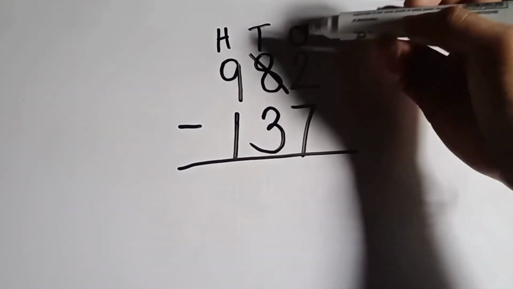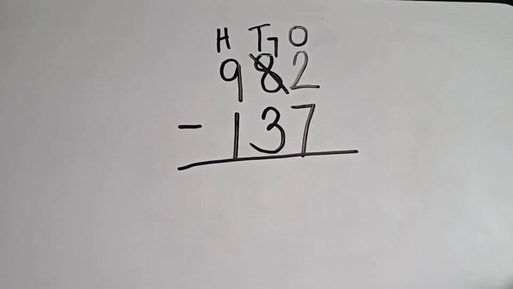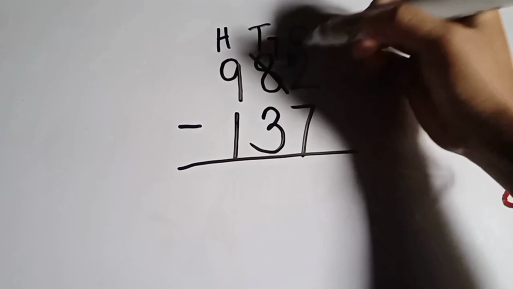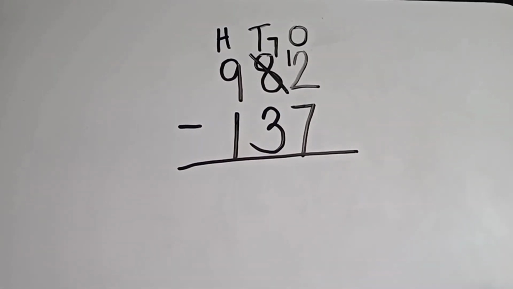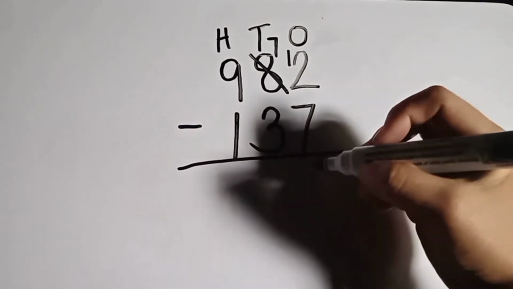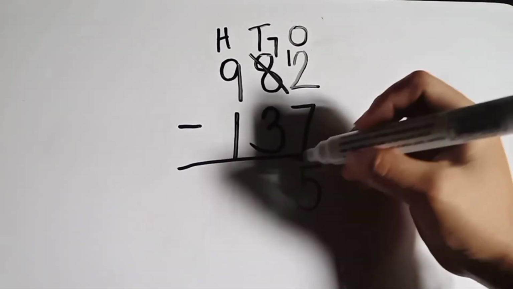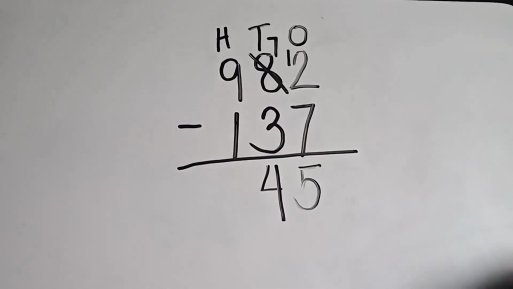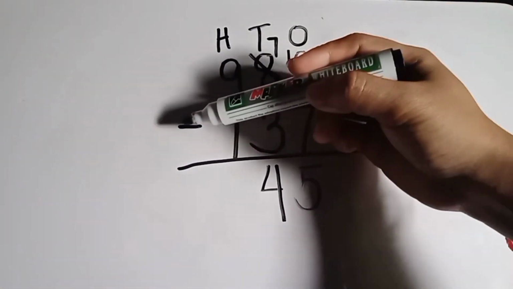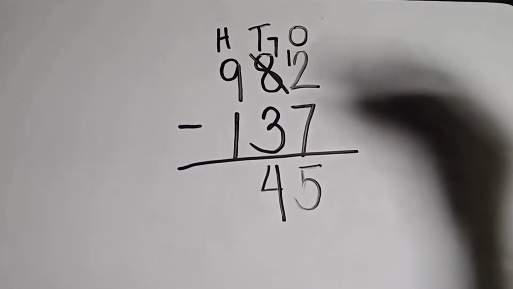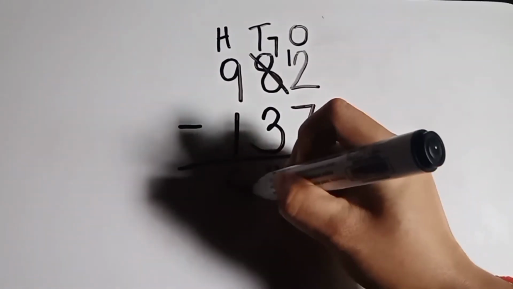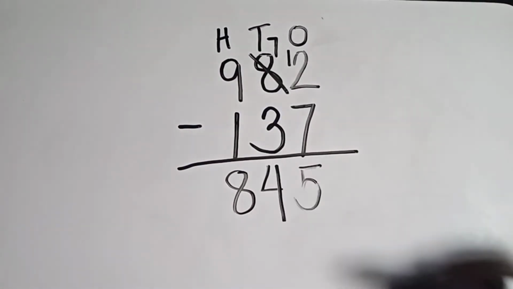So the 8 will be 7 and the 2 will be 12. Now we can subtract. 12 minus 7, the answer will be 5. Next, 7 minus 3, the answer will be 4. And next, 9 minus 1, the answer will be 8. So now, Kamatiniks, our answer is 845.